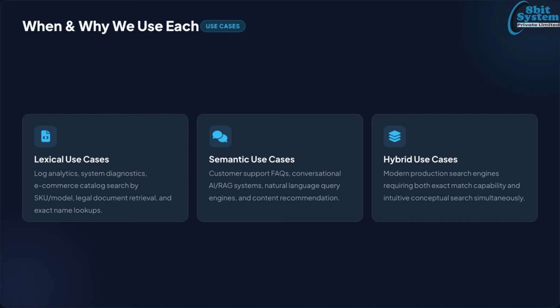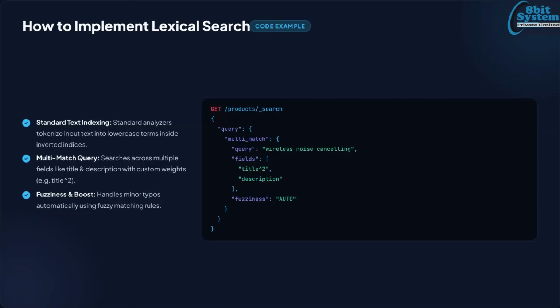Moving on to the next, here is an example of how we can implement lexical search, by the steps. For this, first we use standard text indexing, then we use a multi-match query, and third we use fuzziness and boost.